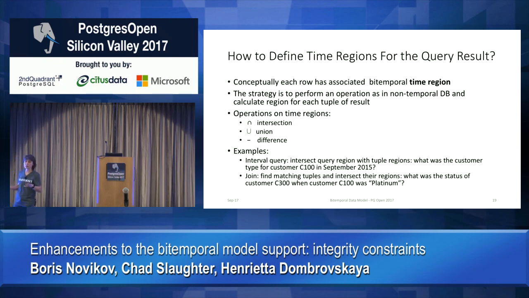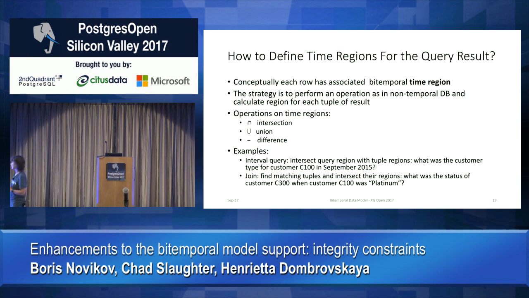So we retrieve the records which satisfy the non-temporal conditions, and then with all these records, we also retrieve their associated time regions. Then we try to figure out whether all these time regions together make sense, how they are related and what will be the result set. So in order to calculate the new time region, we will again use intersection, union, and difference.